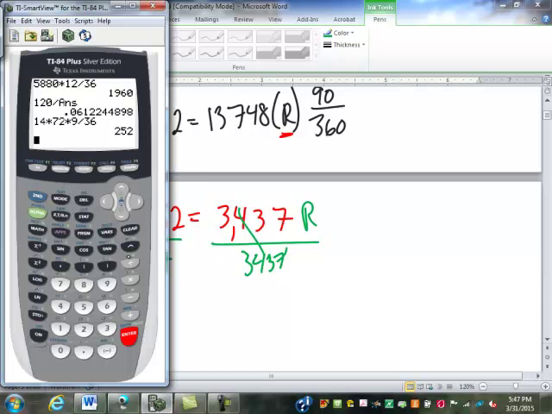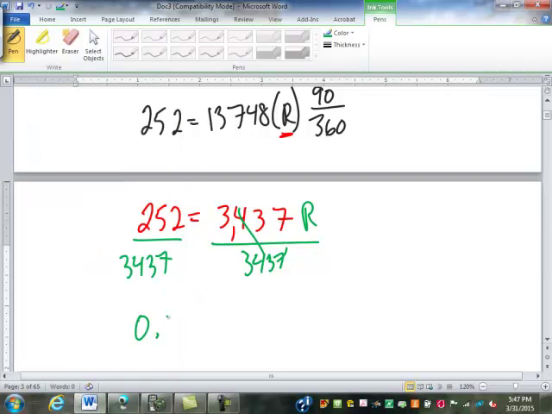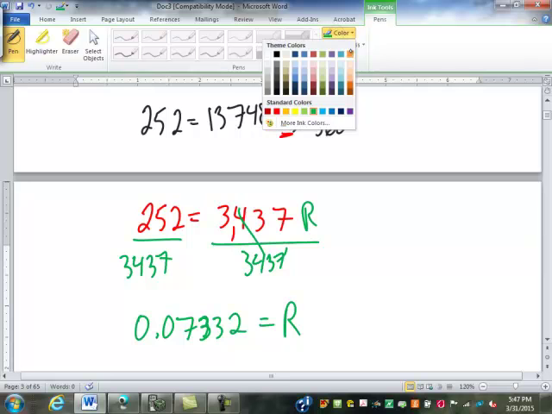So 252 divided by 3,437 is 0.07332. Usually 5, just in case you're asked to round to the nearest hundredth percent.